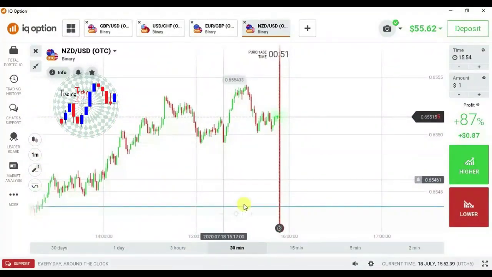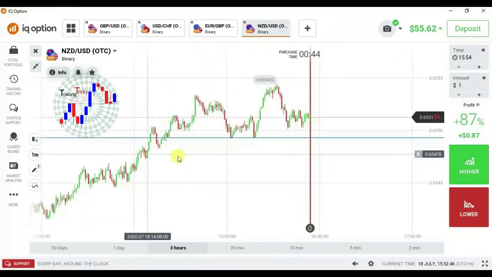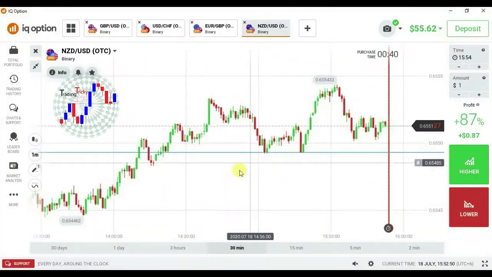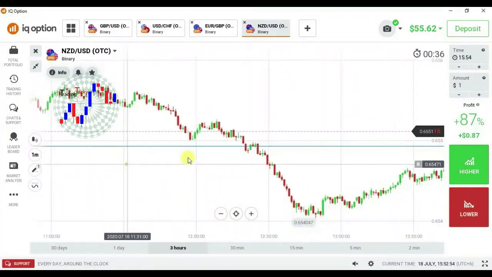If you draw a level here, I'm sure the left side has strong price action, because this is maintained a third time, and it's closer to the round number too.